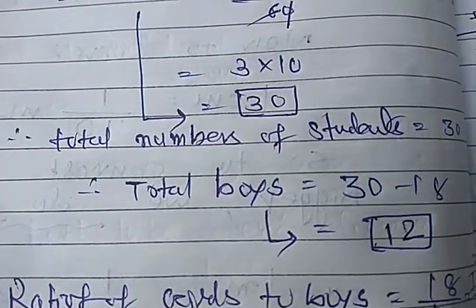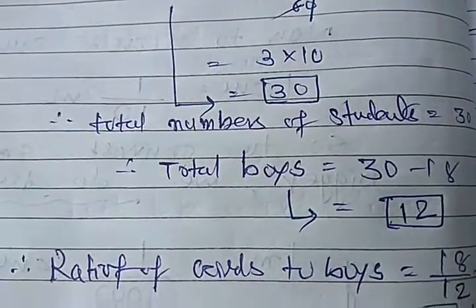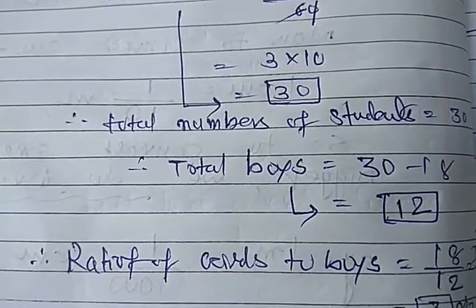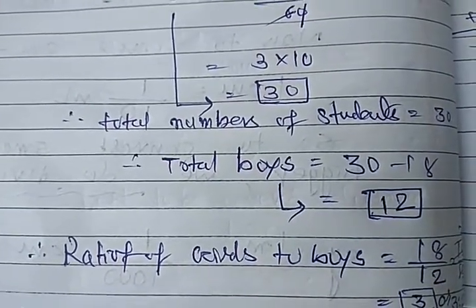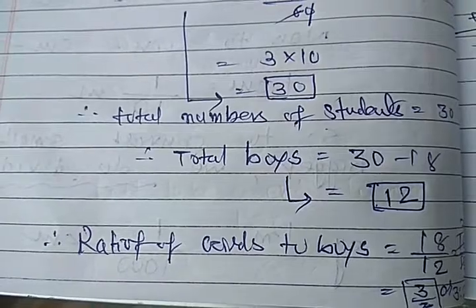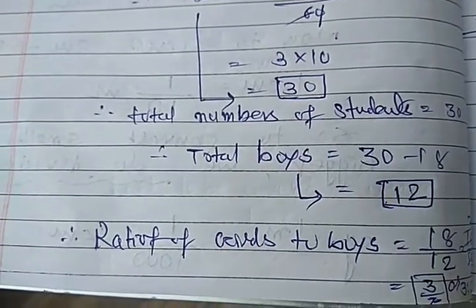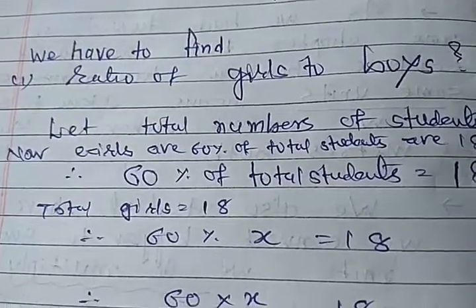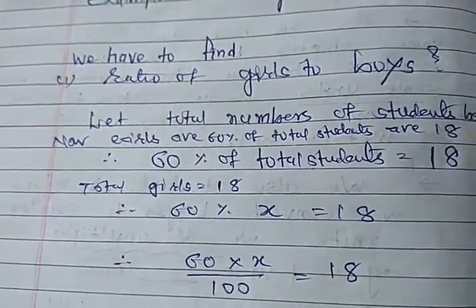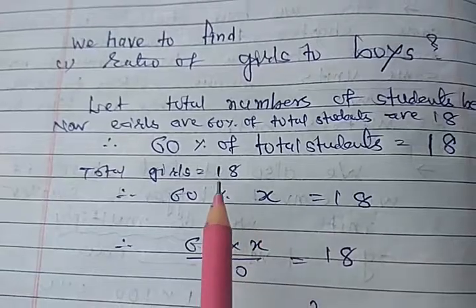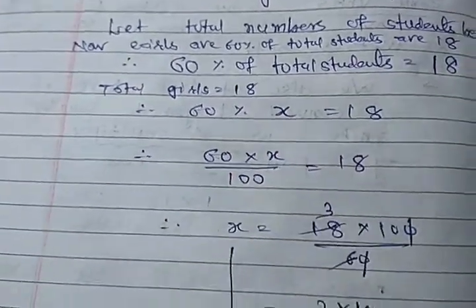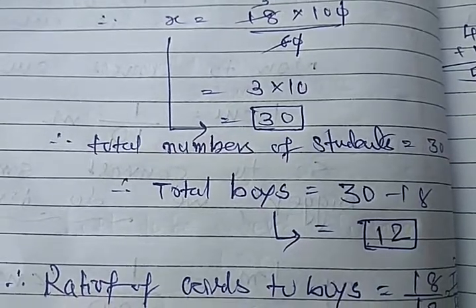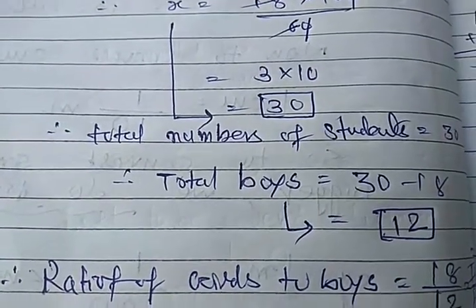Now the total number of students is 30 that we found. Therefore the total number of boys is equal to 30 minus 18, because total girls are 18. So the total number of boys is equal to 30 minus 18, which is 12.